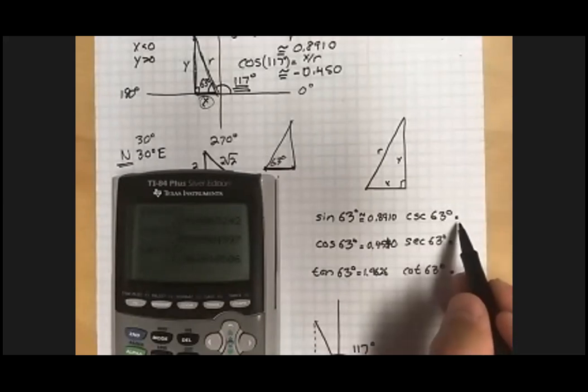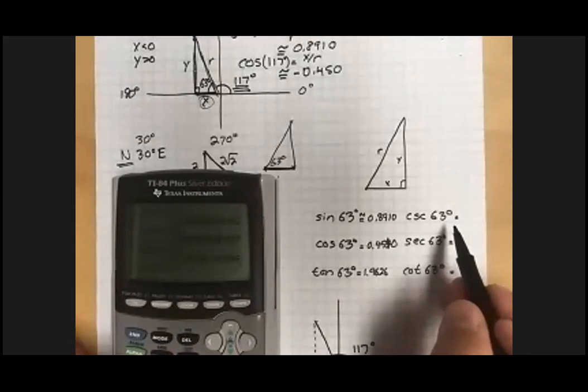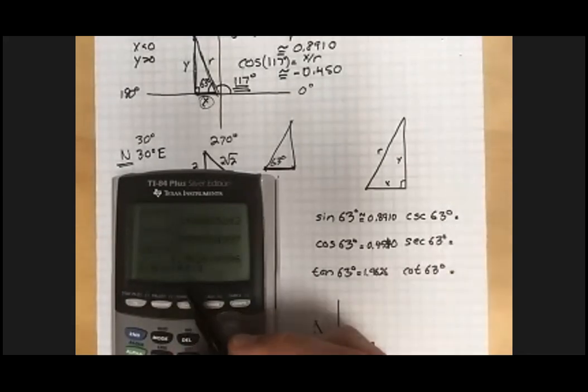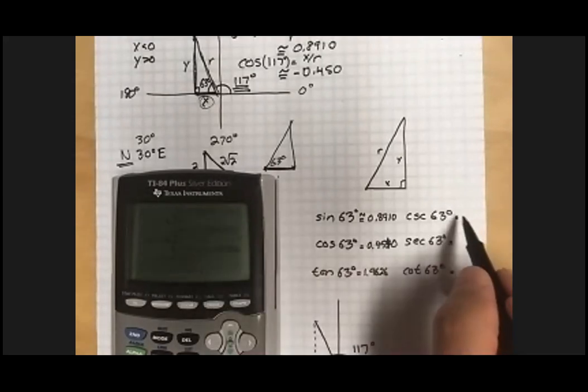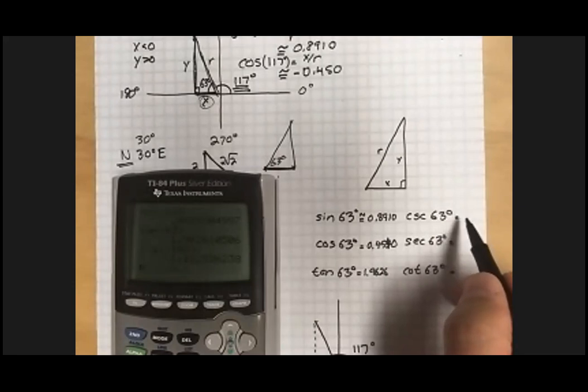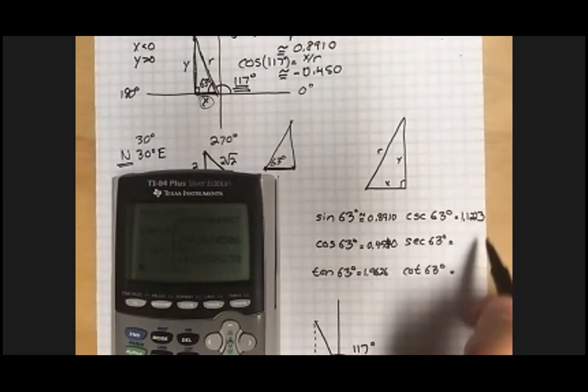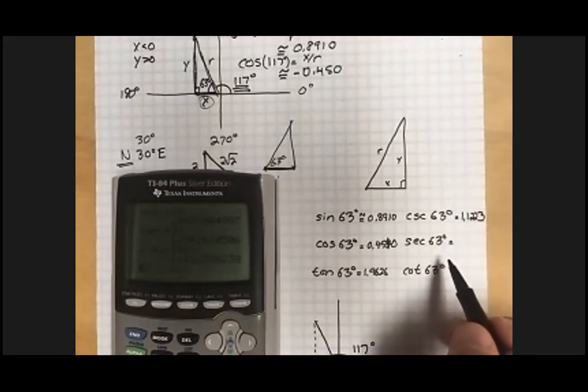Now cosecant is 1 divided by sine. So 1 divided by sine of 63. I don't have a cosecant button. I just have to say 1 divided by sine. That's 1.1223. It's too crowded, I apologize. Secant, 1 divided by cosine of 63 degrees. You have to know your reciprocals.